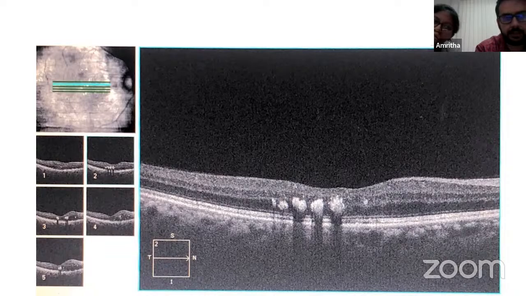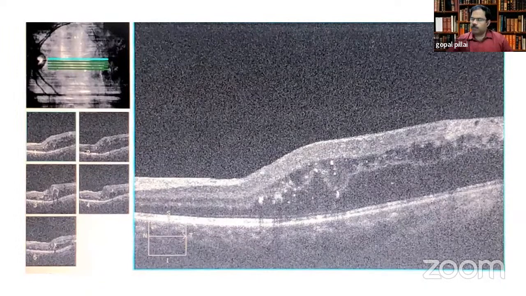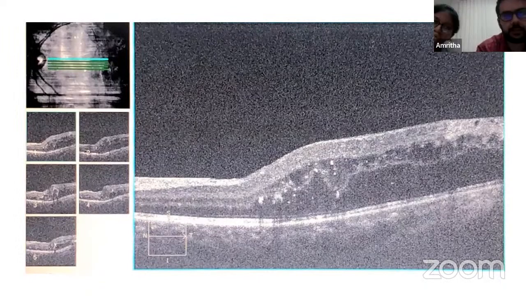Next slide. In this particular slide, we can see about 10 hyperreflective foci along with associated intraretinal edema. And more temporal to the fovea, it looks like the submacular detachment is extending towards the periphery.